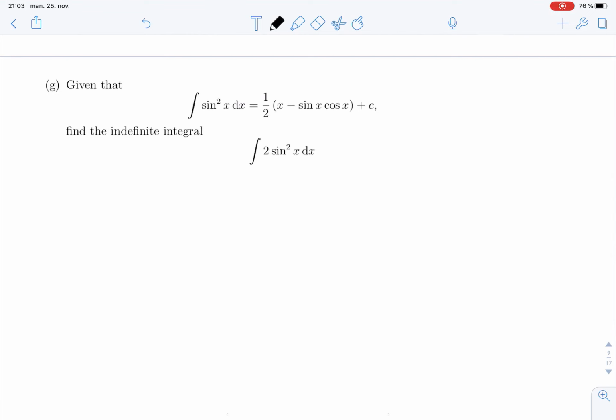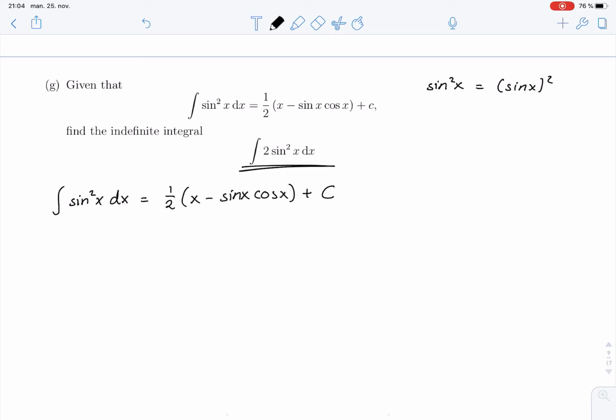Okay, the last one. Here we are given that this one, and again, this one equals this one here. So the notation is simply trying to confuse you. So this is what we're given.